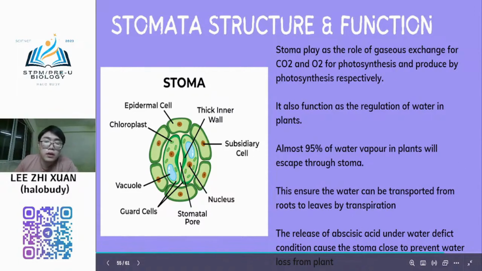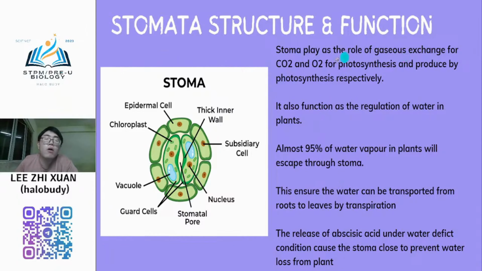Then we go to function. The main function of stomata is gaseous exchange. Not only humans have gaseous exchange, plants also have it, because plants need to exchange carbon dioxide and oxygen for photosynthesis and also cellular respiration, since plants can undergo both metabolisms. They absorb carbon dioxide and release oxygen, or absorb oxygen and release carbon dioxide, based on the mechanism.